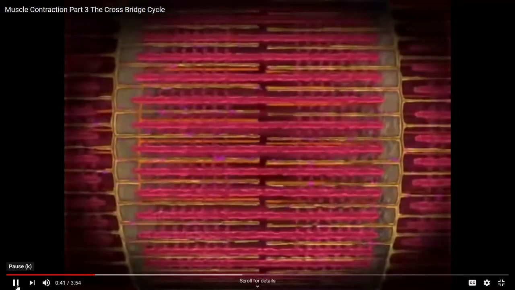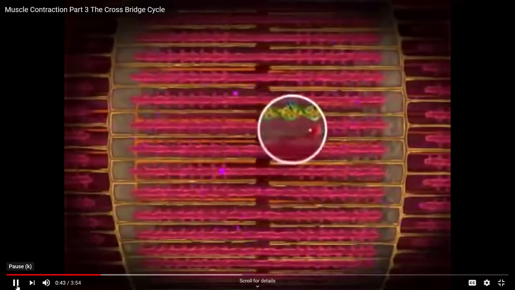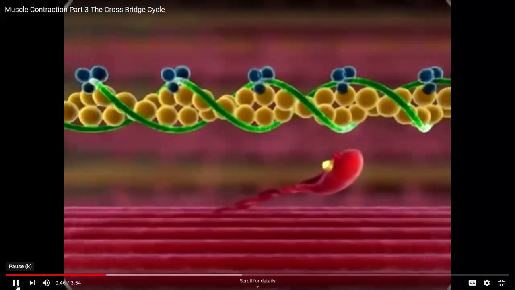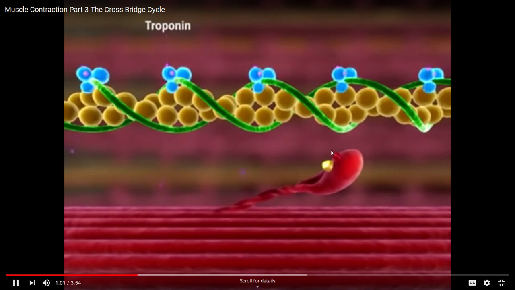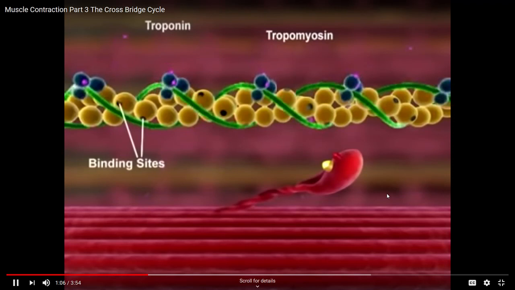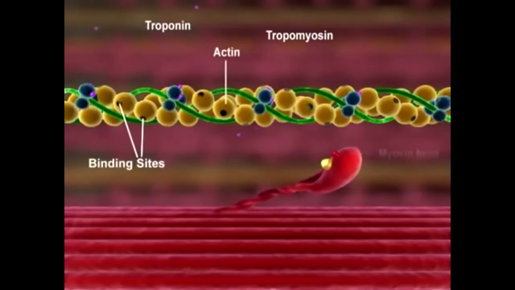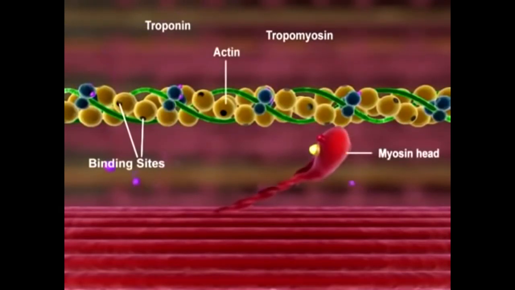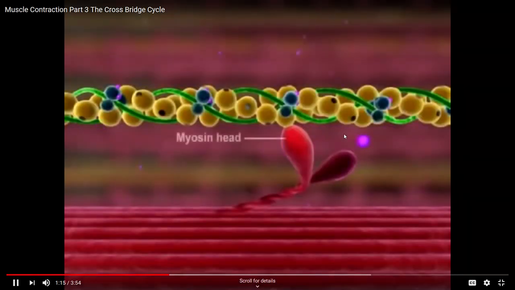There's our contraction. Myosin head with, there's our thin filament, actin, tropomyosin, troponin. There's our ADP and inorganic phosphate. They've just formed our cross bridge. So now we're going to do it step by step.